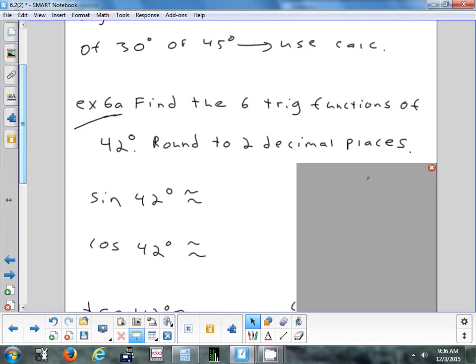We have to tell the calculator what way we're measuring angles. If we don't, we're going to get it wrong. So how are angles being measured in this problem? Degrees, because it's got the circle. If I take away the circle, I just made this whole problem radians. I'd have to erase all my circles. So be very careful if you see a circle or you don't see a circle.